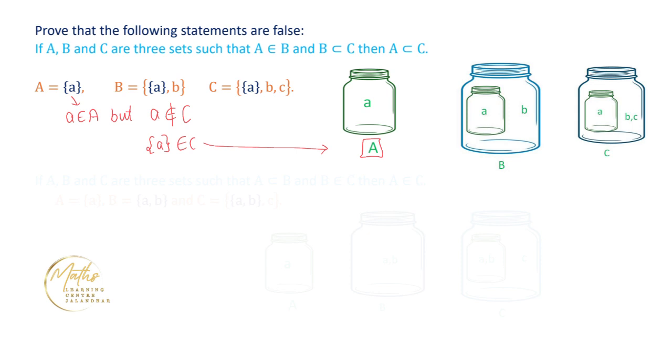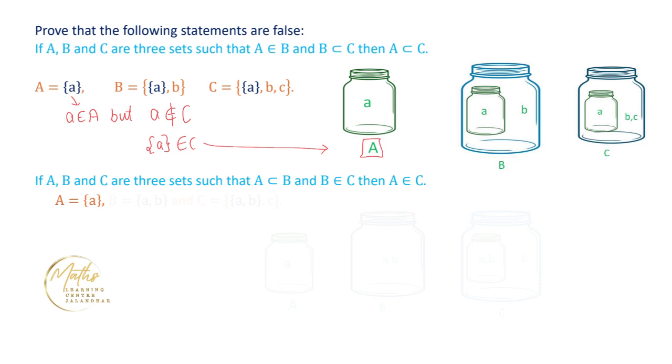Next is, if A, B and C are three sets such that A is a subset of B and B belongs to C, then we are saying that A belongs to C. We have to disprove this statement, so we are going to give examples over here. In this case we are considering that the set A contains the element a.